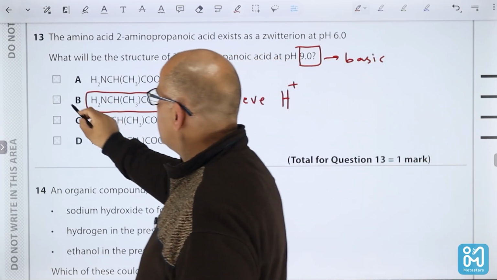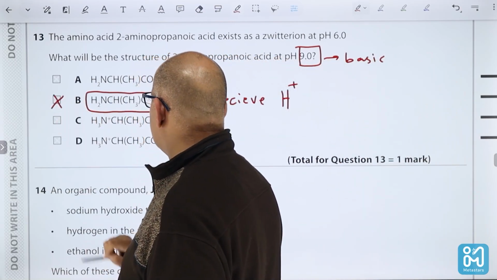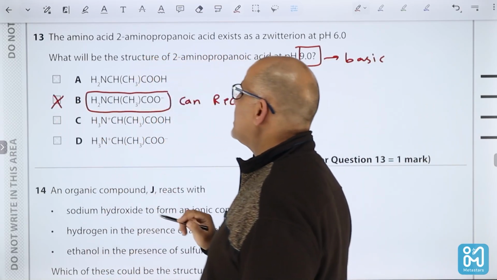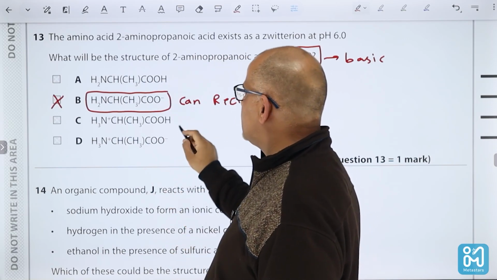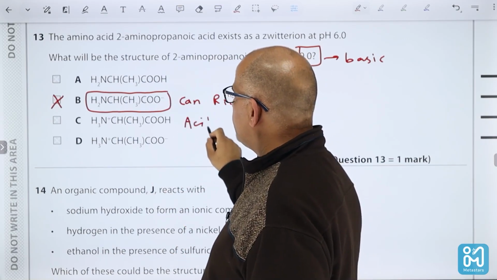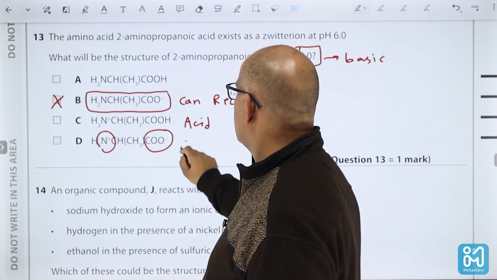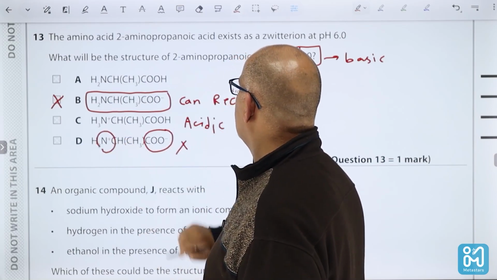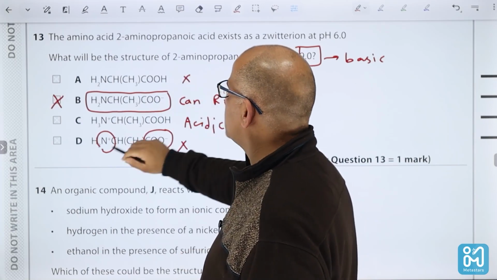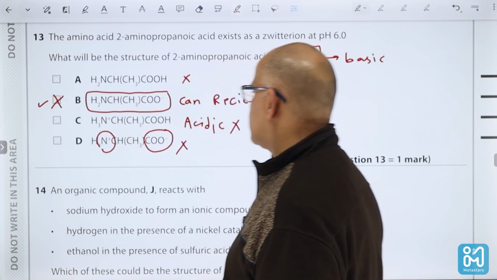That's why this is the most correct answer. For C, it's the acidic one. And the next one has two charges, which is wrong. So what's correct is answer B.